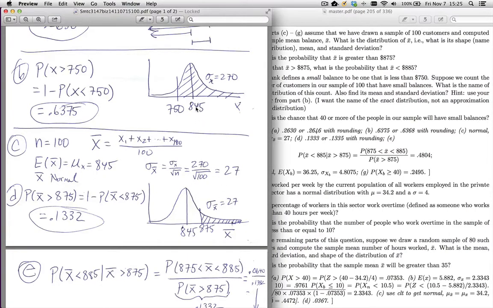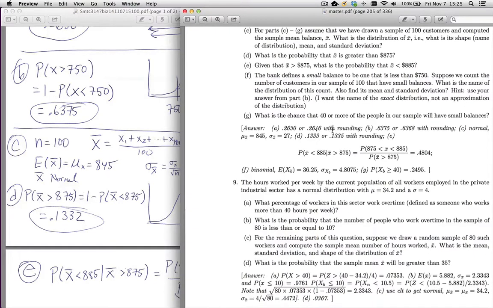Well, in this case, we don't have just any distribution, we have a normal distribution. So when we sample from normal populations, the sampling distribution will also be exactly normal, not just approximately, exactly. So that's the answer to part C.